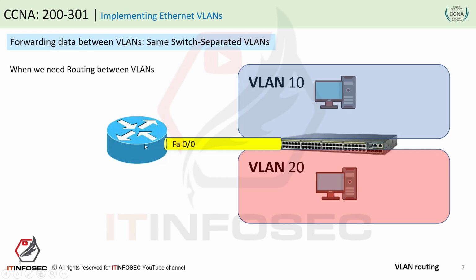But your router doesn't have enough interfaces to connect one interface to each VLAN. For example, you cannot have 15 network interface cards, FastEthernet or Ethernet interfaces, connectable to each VLAN.